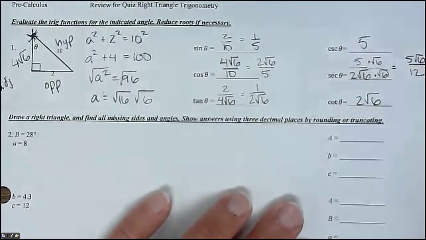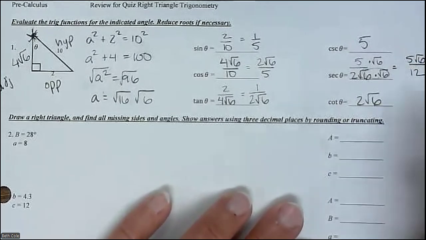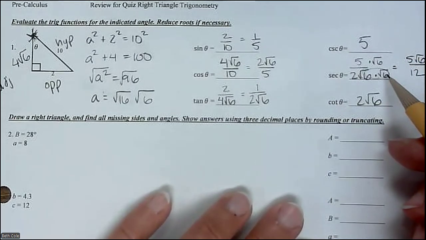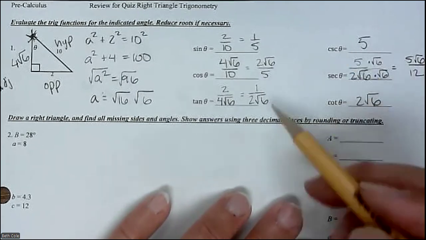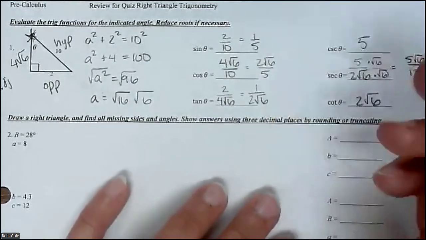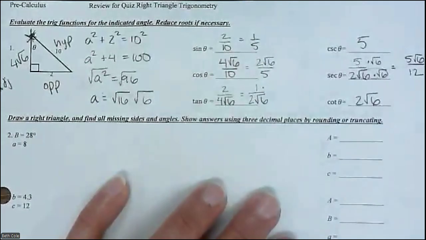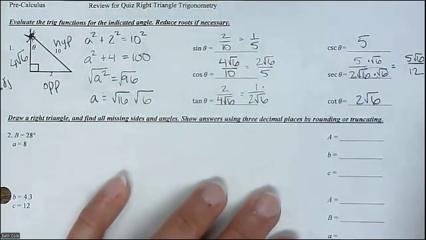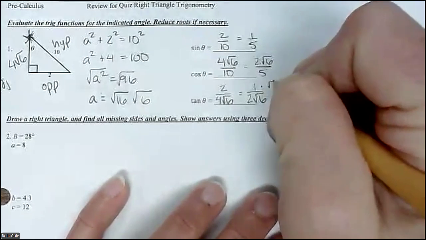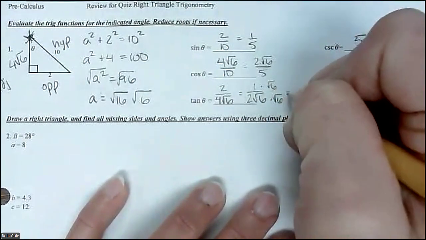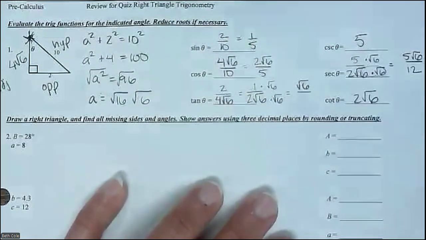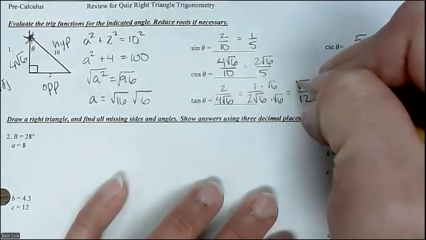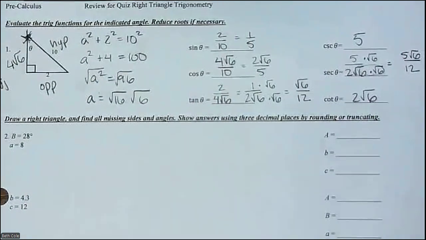Yeah, good job. Usually there's 2 of them you have to rationalize. We did this one. Where's the other one that has a root in the bottom? Oh, it's that one. So yeah, so usually there's 2. Actually, always there's 2 that you have to rationalize that you end up with a root in the denominator. So if you multiply by square root of 6, that's going to give you square root of 6 over 12. And that's your final answer then.